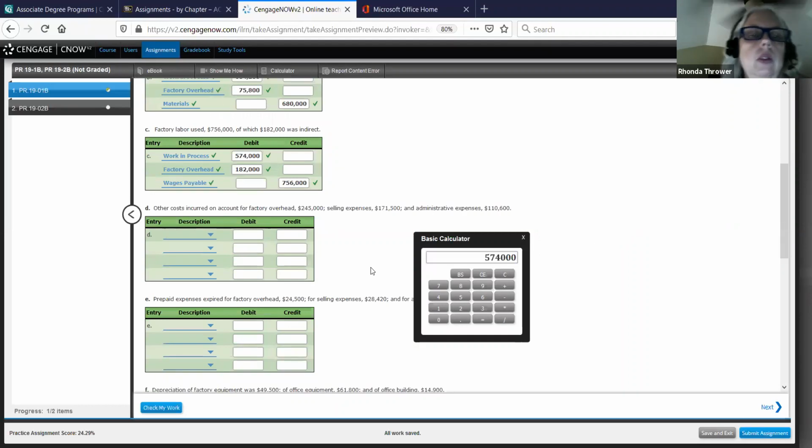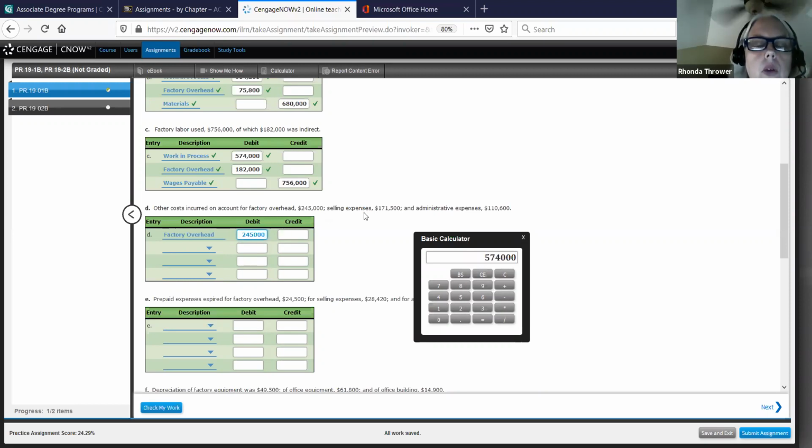Other costs incurred on account for factory overhead were $245,000. If we incurred factory overhead costs, we're simply going to debit our factory overhead for $245,000.